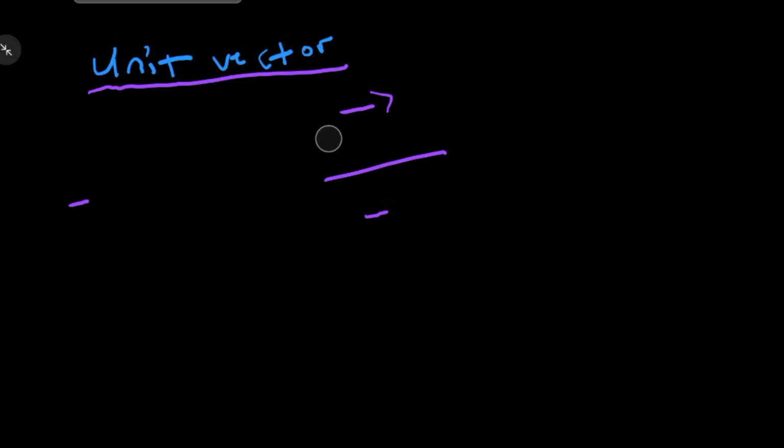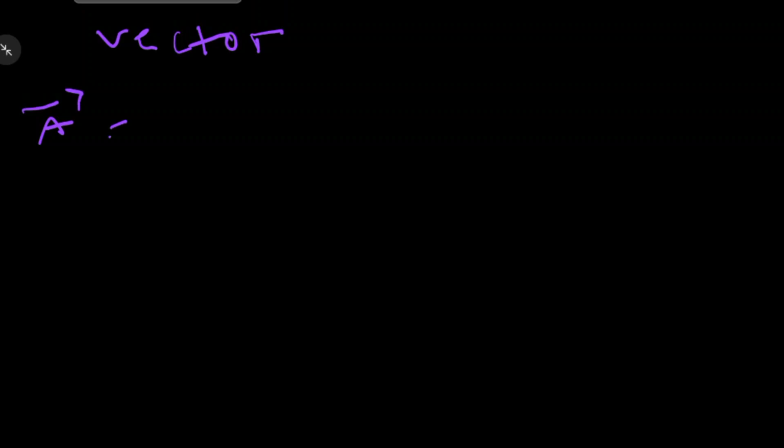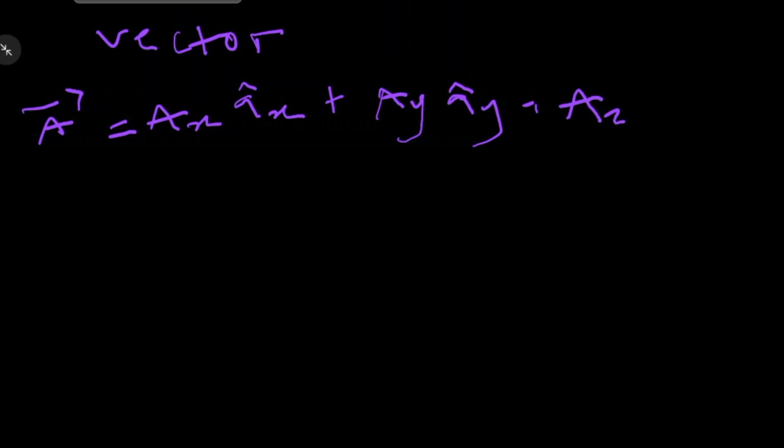Let me quickly write our three formulas on the side here. For our first formula, we have our vector, which is A with the arrow over it, equal to Ax times our unit vector, plus Ay times our unit vector, plus Az times our unit vector.